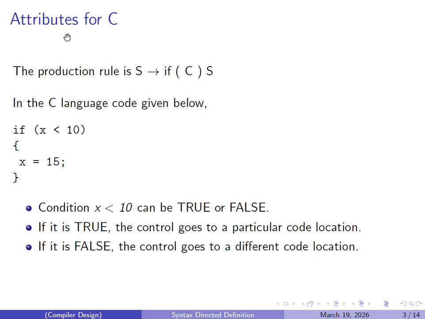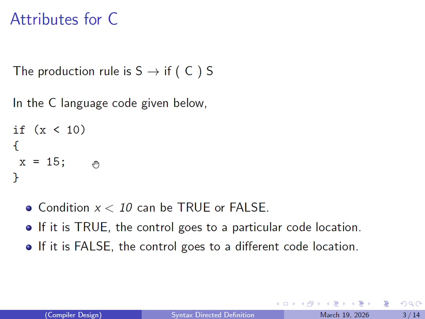Now let's see what will be the attributes for C. The production rule is S is of the form if, open bracket, C, close bracket, and S. Given this C language code, we want to get an intermediate code. So we're going to find out what attributes we can use for C. Let's take the condition x is less than 10.